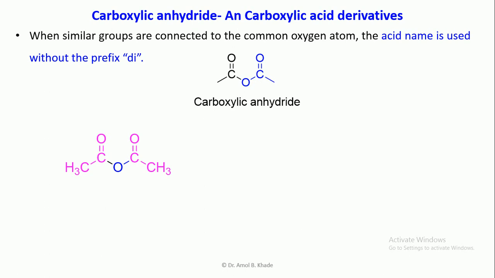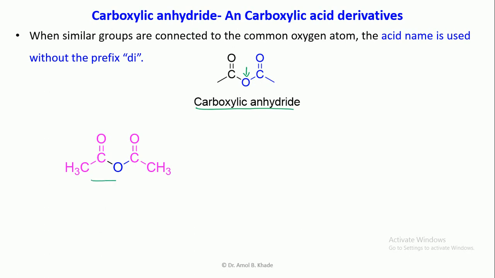Now what does the rule say? This is the general formula for carboxylic acid anhydride, and this is the common oxygen. When similar groups are connected to the common oxygen atom, the acid name is used without the prefix di.